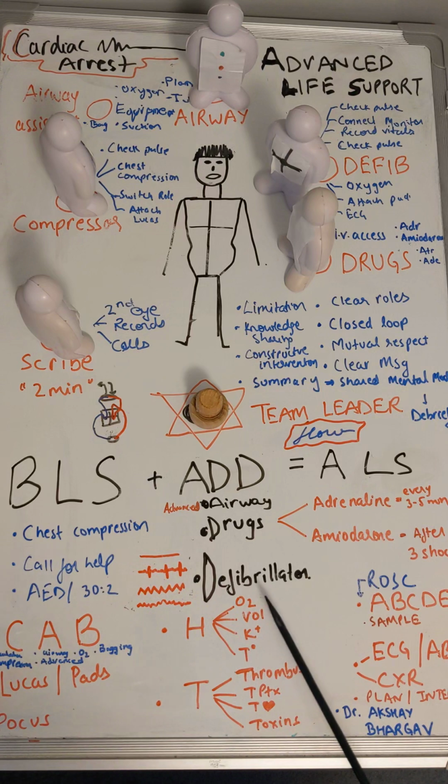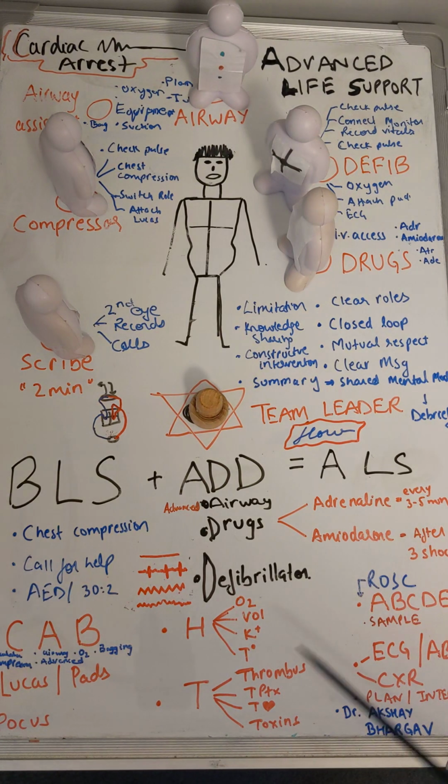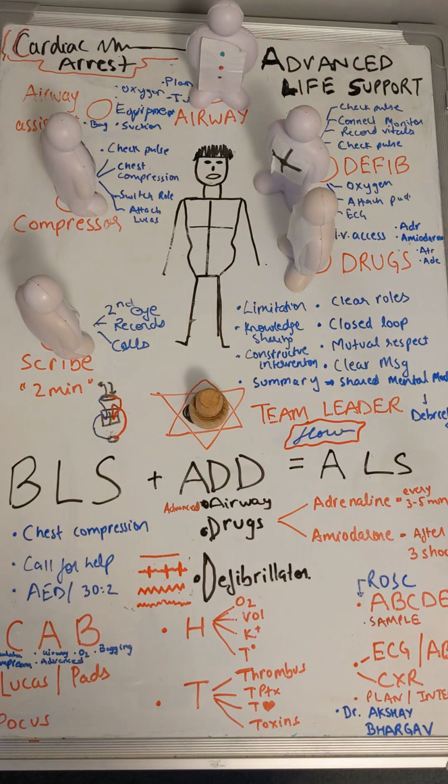So H: hypoxemia, hypovolemia, metabolic causes such as hyperkalemia, and sometimes hypothermia as well. So you need to think this. And T means thrombus, pulmonary or cardiac thrombus, tension pneumothorax, cardiac tamponade, or toxins. So as you are thinking through these, you also communicate with the team.